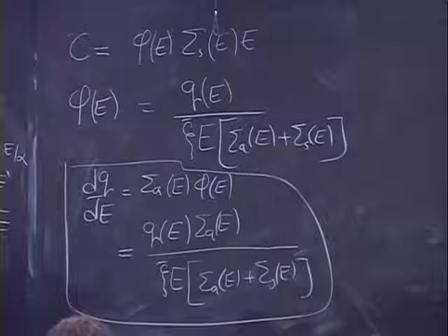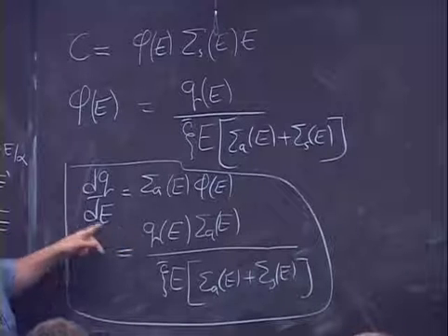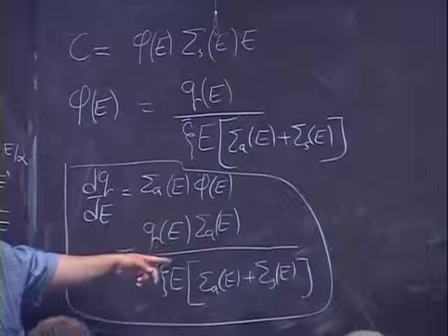How to solve this equation? Separation of variables. dQ over Q equals this multiplied by dE.